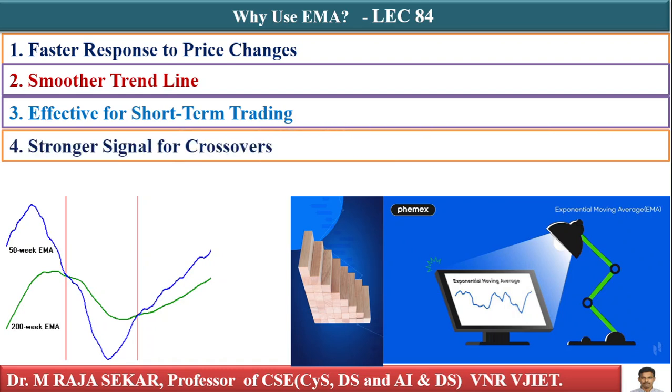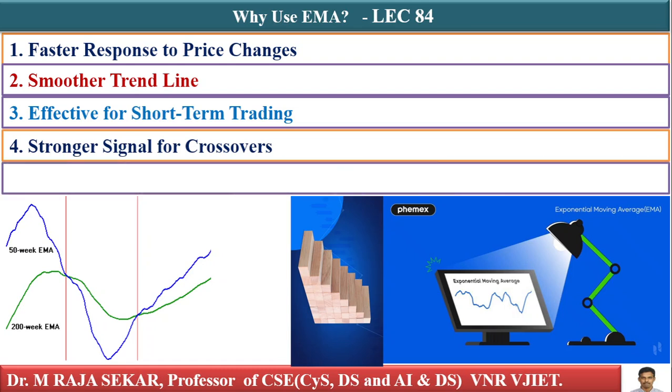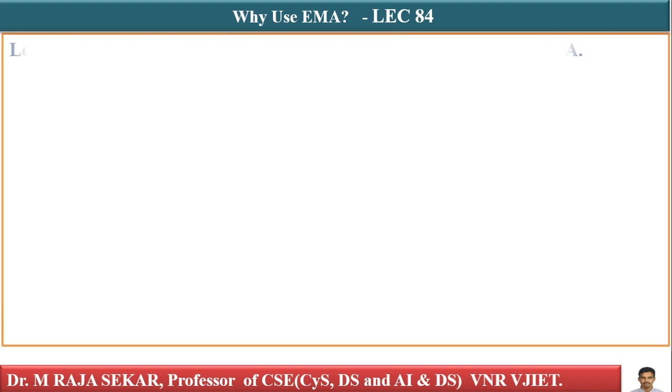The EMA crossover strategy, where short-term EMA crosses above or below long-term EMA, is widely used for generating buy and sell signals. Anyway, we'll try to understand those things. Weighted for relevance. Since EMA emphasizes recent data more heavily, it's often seen as more accurate for current market conditions, especially when reacting to breaking news or sharp price swings. Let us try to understand.